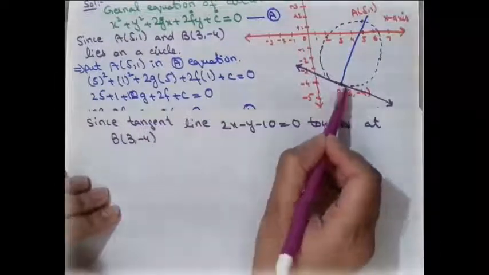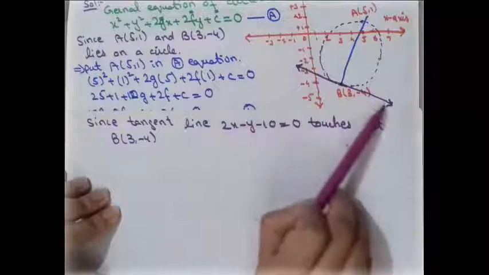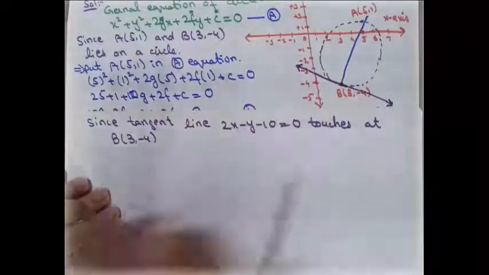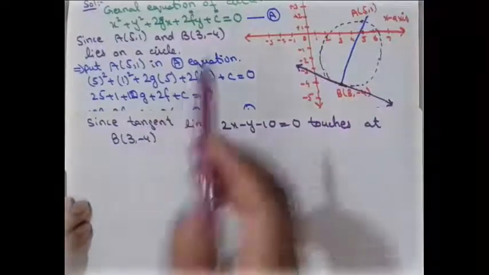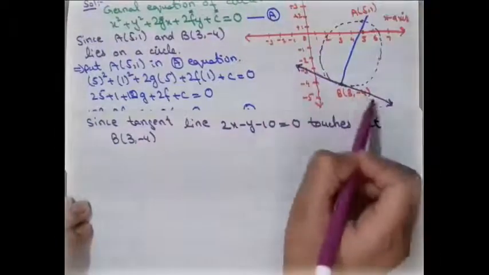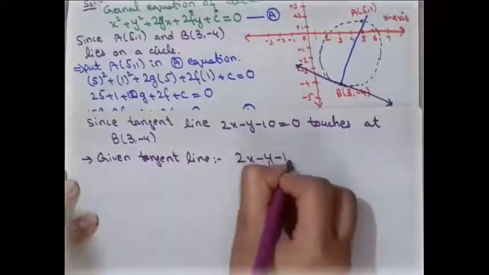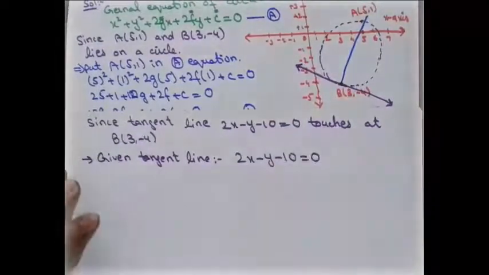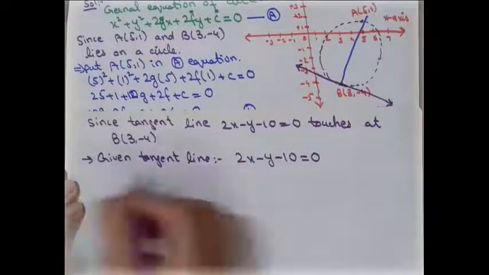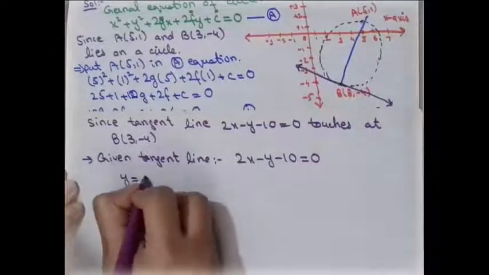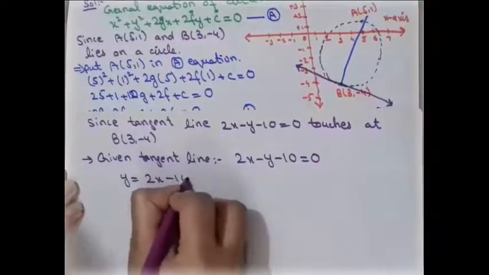As the point B lies on this tangent, then definitely it lies on the normal. So first find the slope of the given tangent line. The given tangent line is 2x minus y minus 10 equals 0. So here we find the slope-intercept form. Take y on this side, so y equals 2x minus 10.